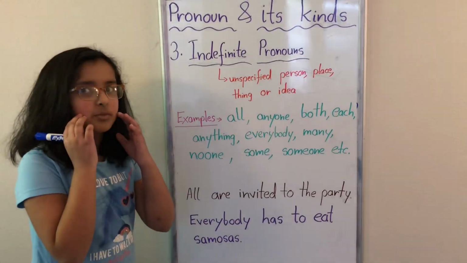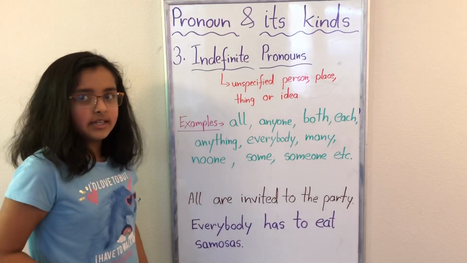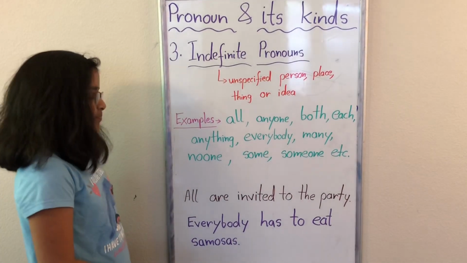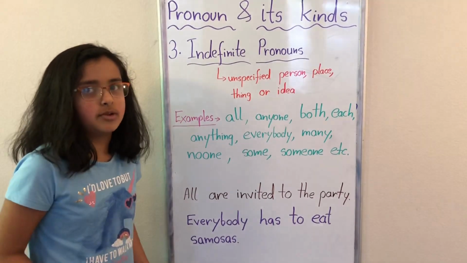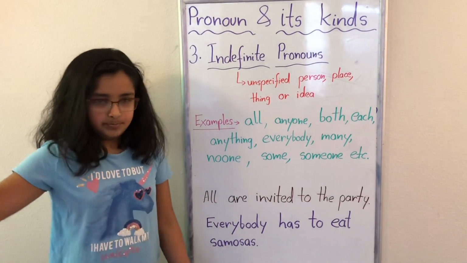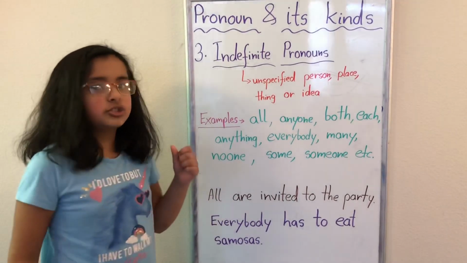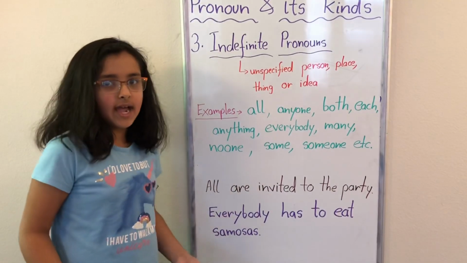Oh no, I don't like samosas. In this sentence, everybody is the indefinite pronoun because we don't know who everybody is. We don't know if it's Pratyush and Samriddhi, or if it's your mom or your dad.